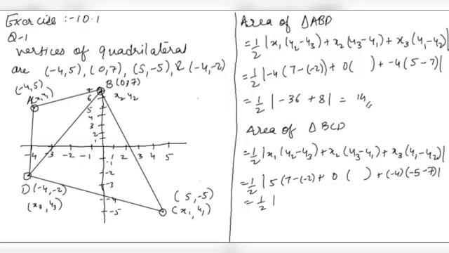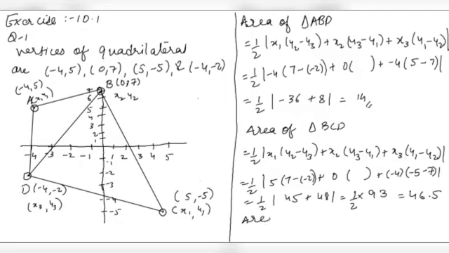So this will be minus minus plus 55, minus minus plus 48. So 4 8s are 32, 6 2s are 12. So this will be 26.5.